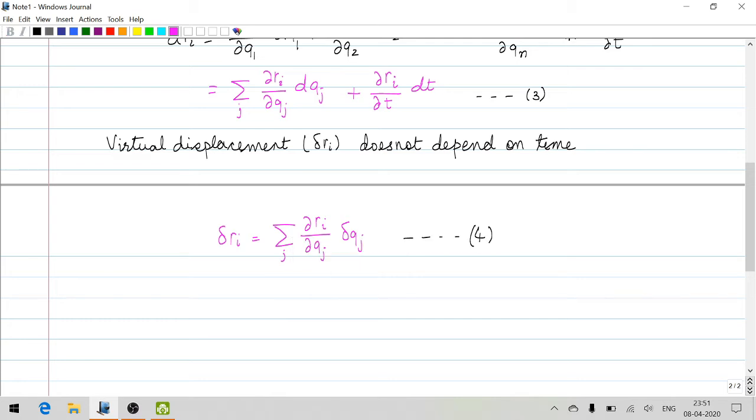So having done this, now let us go to the velocity of the particle. Velocity of the particle is given by V bar is dRi upon dt.